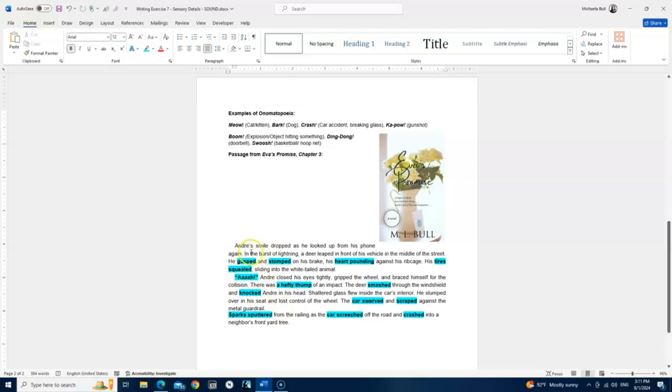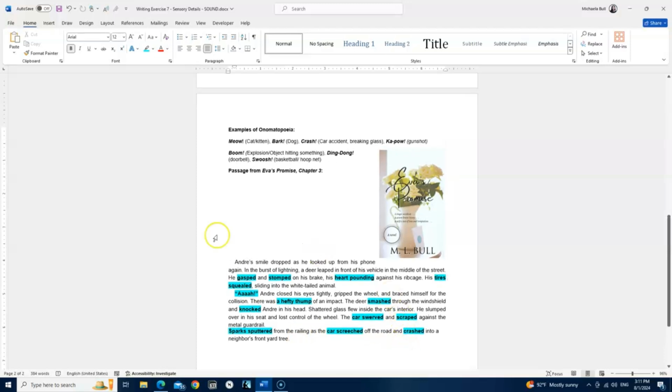So we have gasped here and stomped, his heart pounding, tires squealed, him yelling out, ah, a hefty thump when he hit the deer, smashing the windshield and knocking him in his head, the car swerving and scraping against the metal guardrail, sparks sputtering from the railing, and the car screeching off the road and crashing into a neighbor's front yard tree. So, all of those different things indicate the sense of sound within this passage.